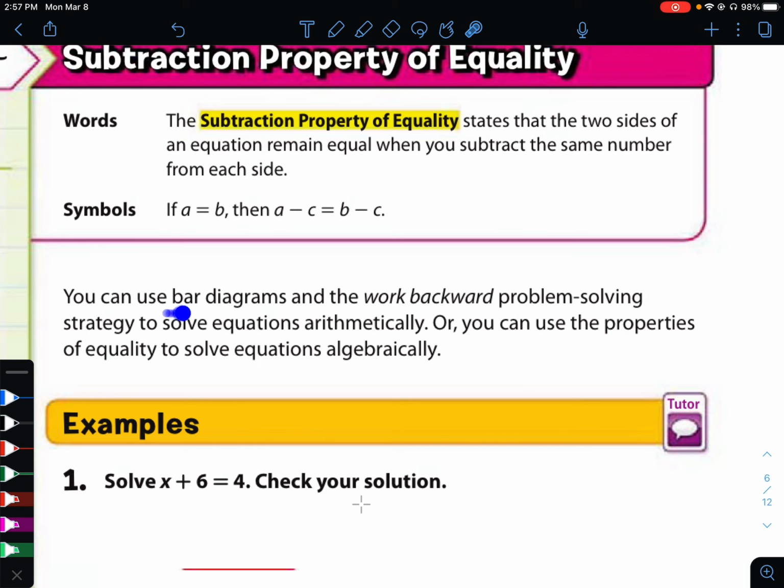You can use bar diagrams and the work backward problem solving strategy to solve equations arithmetically, or you can use the properties of equality to solve equations algebraically. So we won't use the bar diagrams at this point. We will use the subtraction property of equality.